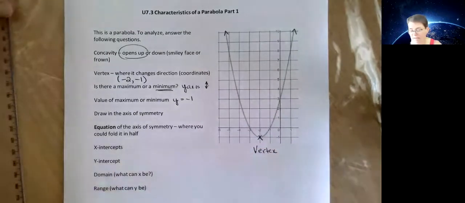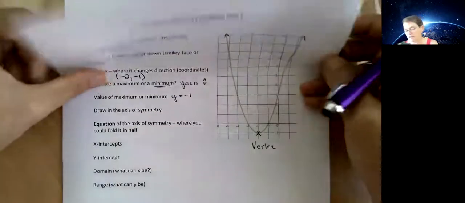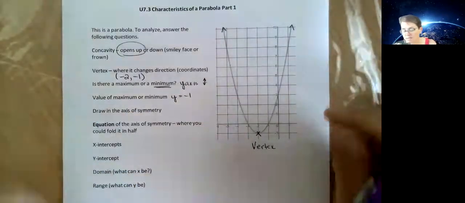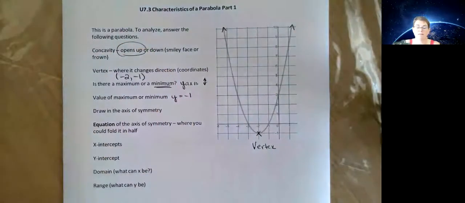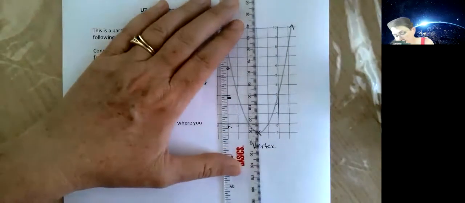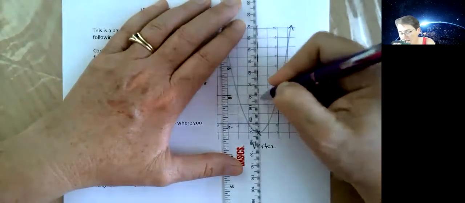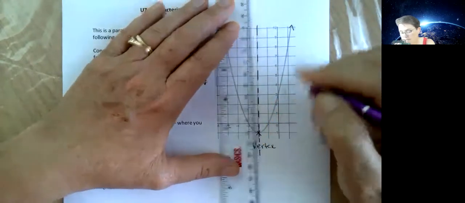All right, it says draw in the axis of symmetry. If I were to fold this page this way, besides it being a mess, the two sides wouldn't match. But if I fold it this way, it would. So symmetry means matching sides. The axis of symmetry happens to go through your vertex, and it divides the parabola into two nice equal symmetric shapes.